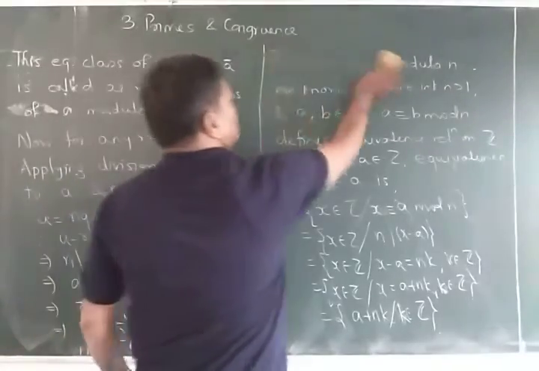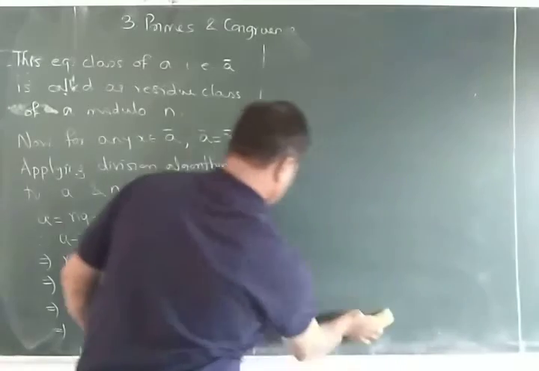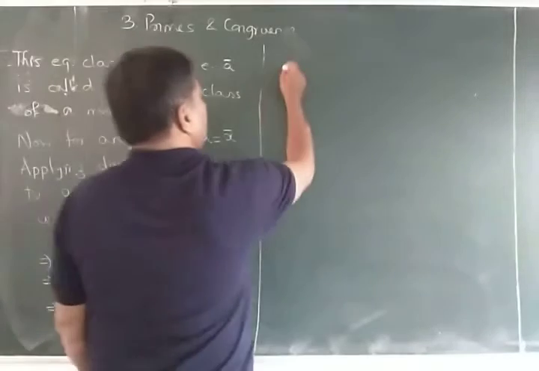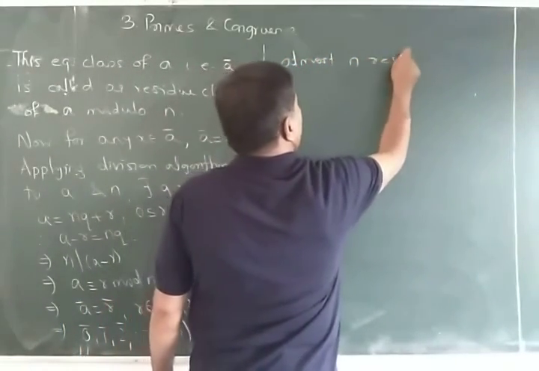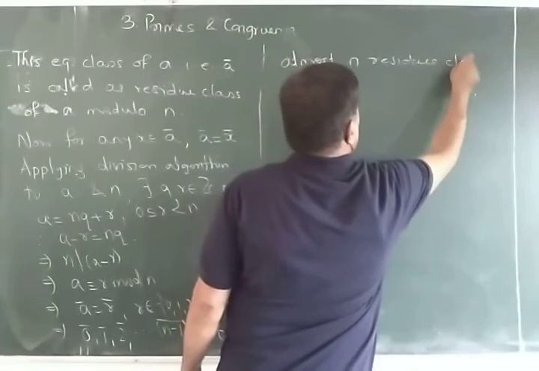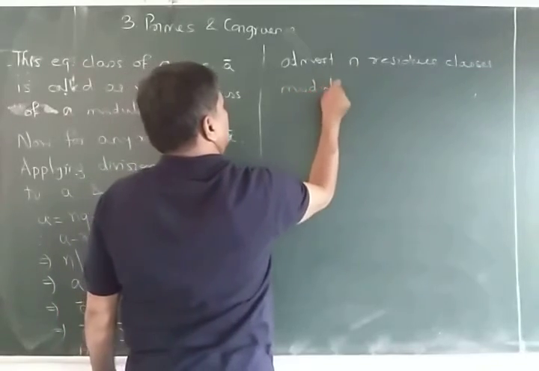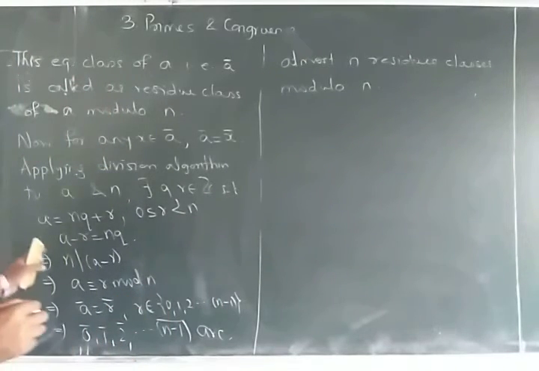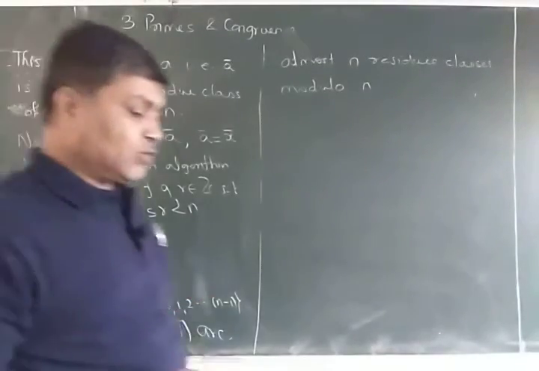Because a bar is equal to r bar, where r takes values 0, 1, 2 up to n minus 1.